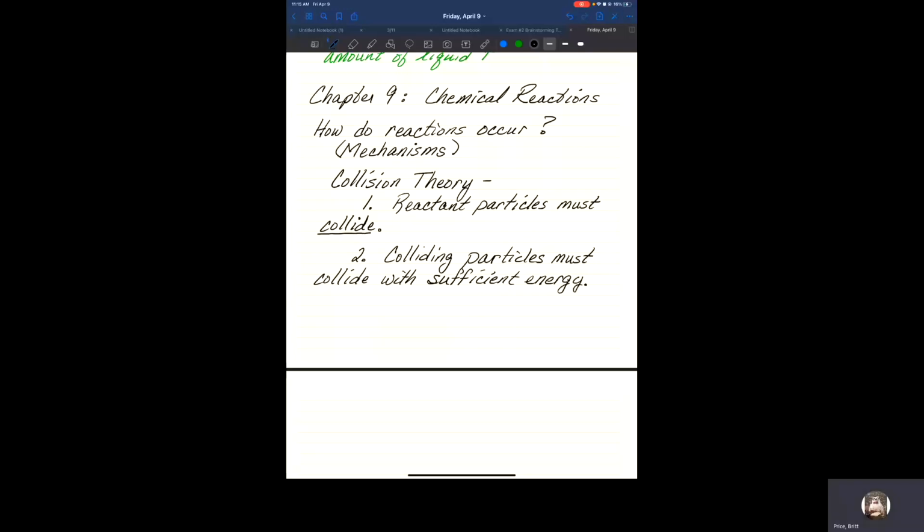If the particles don't hit each other, we're not going to get a reaction. If the reactant particles hit each other, the collision has to have enough energy. Awesome. The third piece.